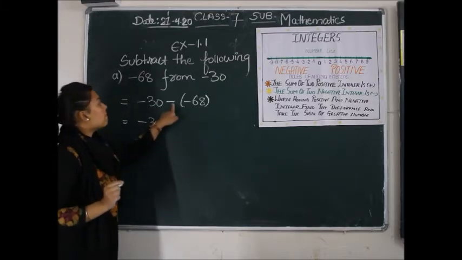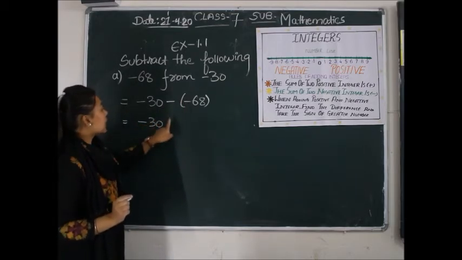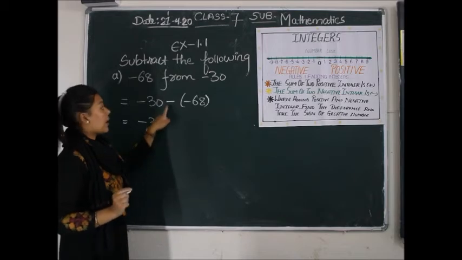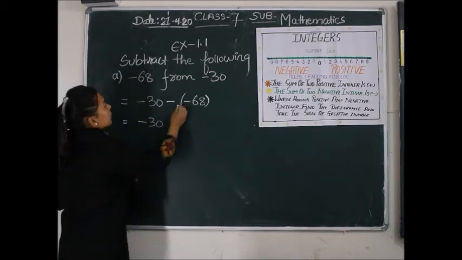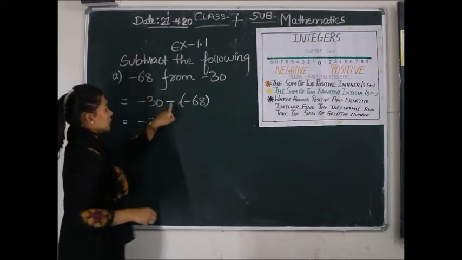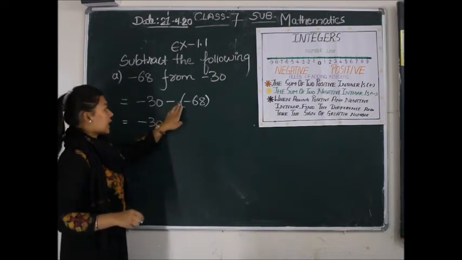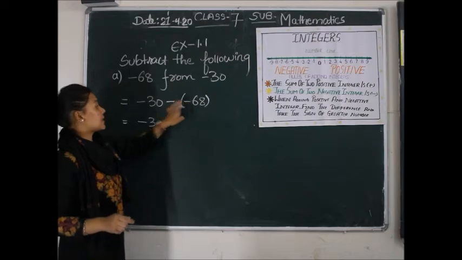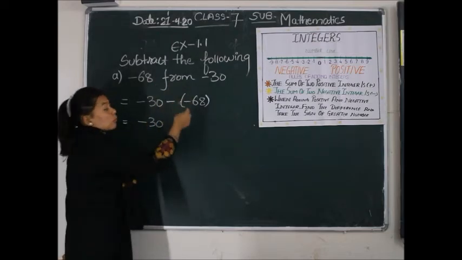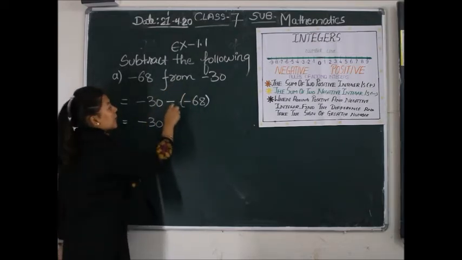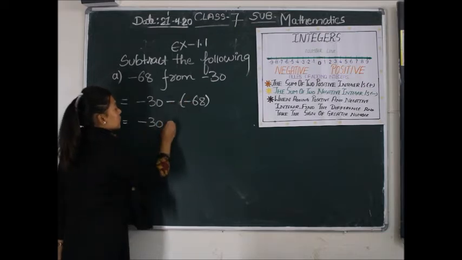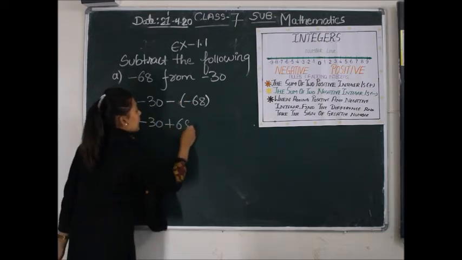Now we all know minus into minus is plus. Here there is a bracket, so it will be multiplication. While opening the bracket, minus into minus will be plus 68.